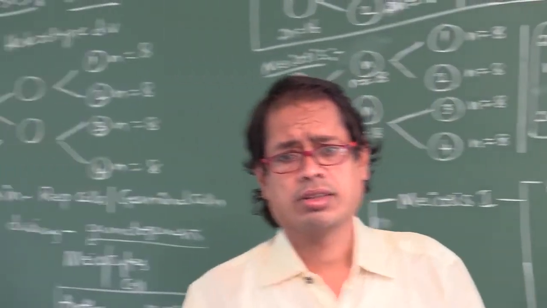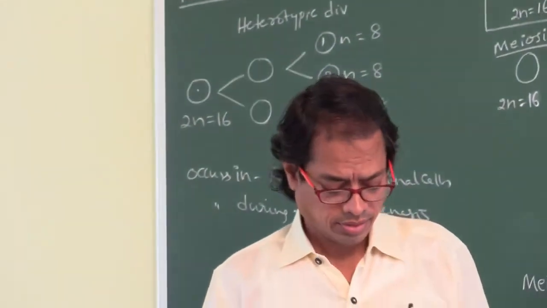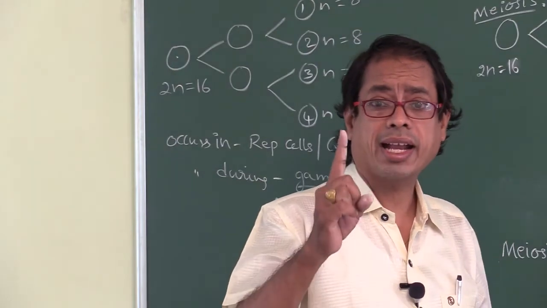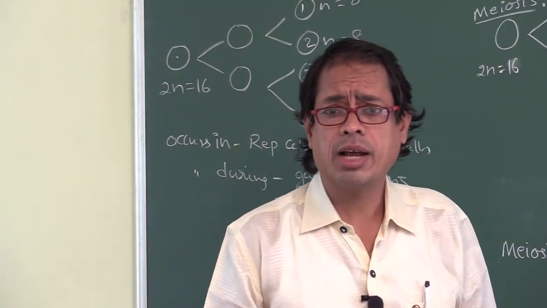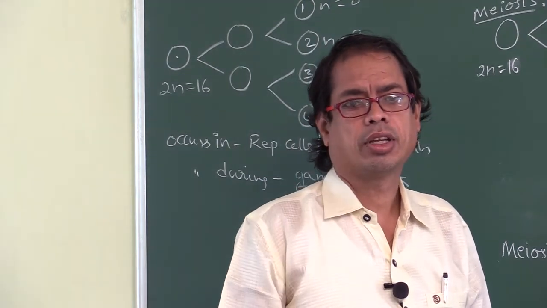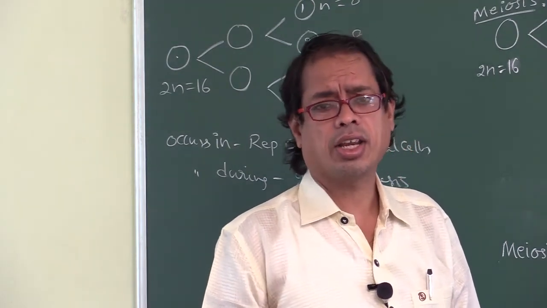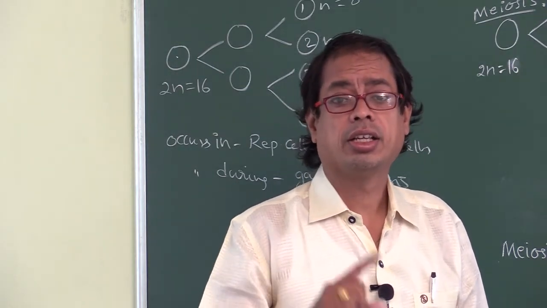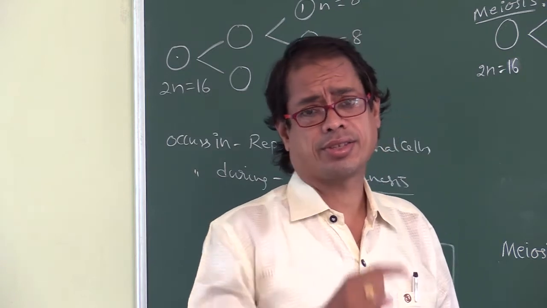Synapsis occurs in zygotene. Crossing over occurs in pachytene. Dissolution of synaptonemal complex occurs in diplotene. Desynapsis occurs in diplotene. Terminalization of chiasmata occurs in diakinesis.